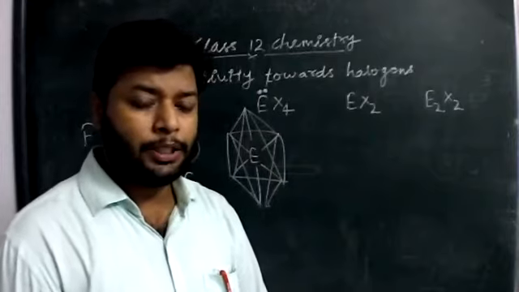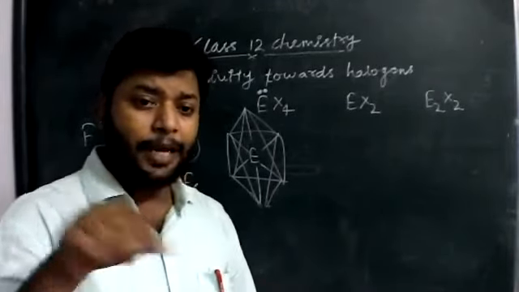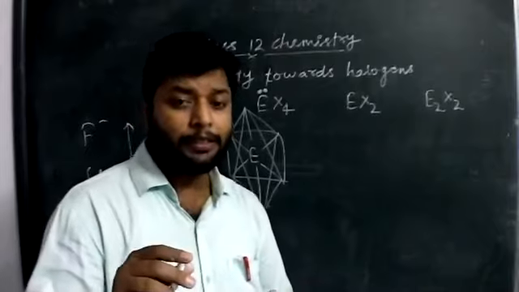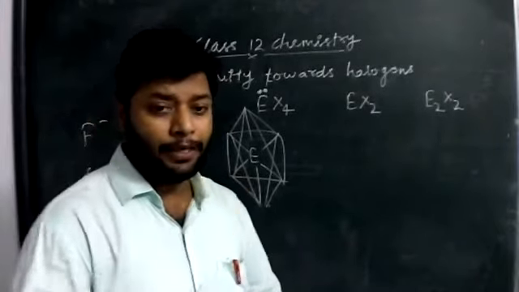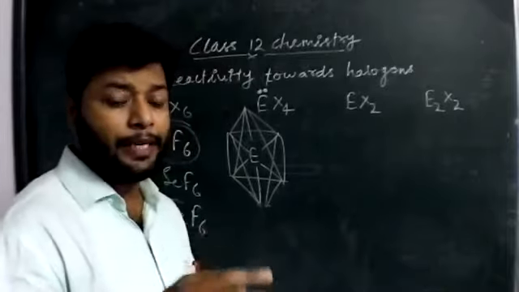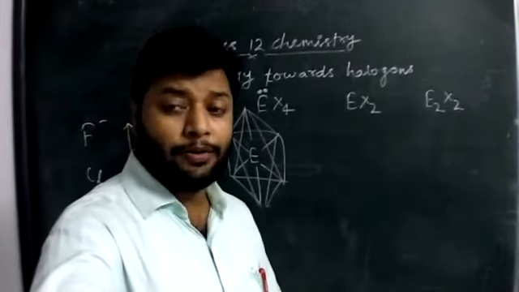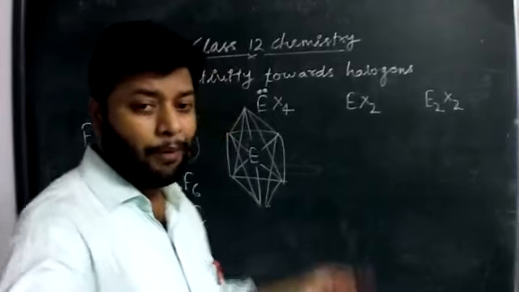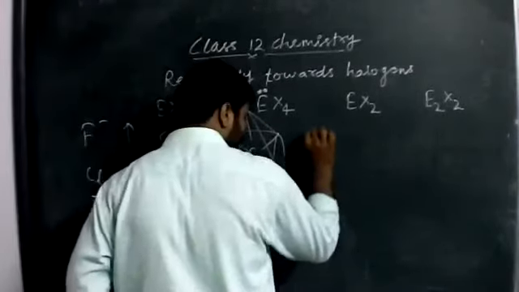Whenever 5 orbitals are involved, the arrangement should be trigonal bipyramidal. But the shape or geometry will depend only on the bond pairs. So we have to count the bond pairs here. Bond pairs are 4. So look at the geometry.